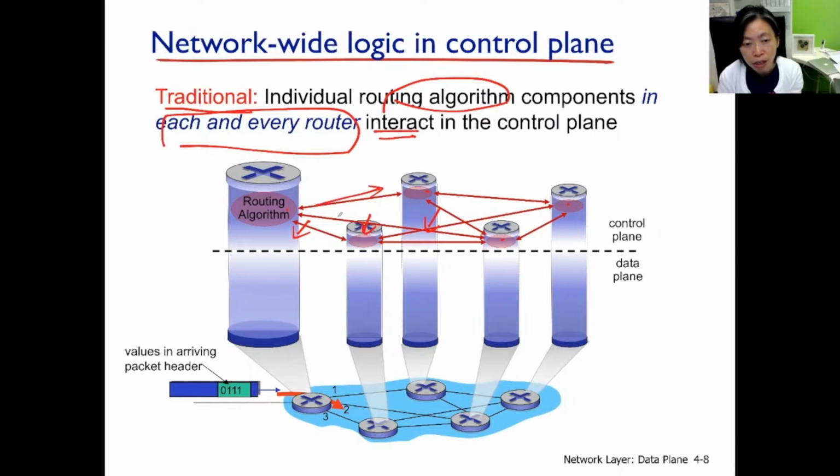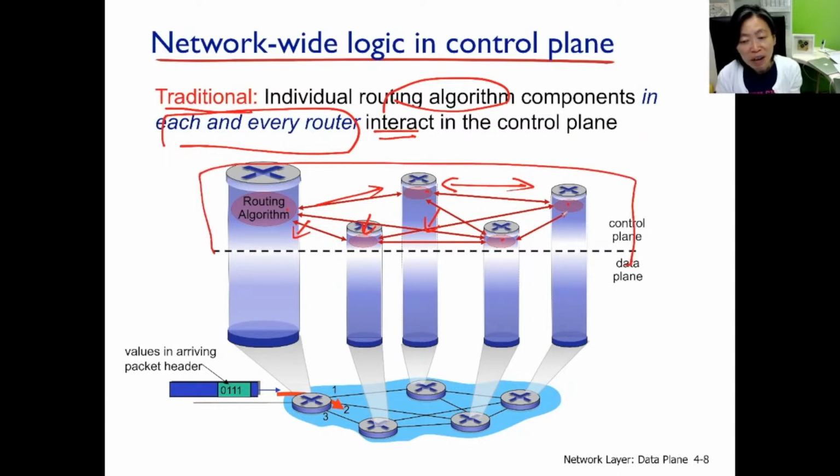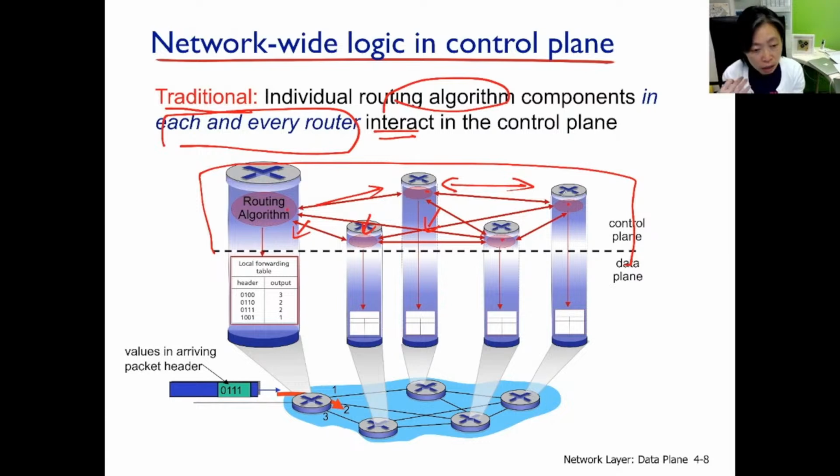So there are these exchanges of messages between these routing algorithms distributed on the routers. And this is the control plane. As a result of the computation and exchange, they find out what should be the forwarding table for different packets going to different destinations, and install the local forwarding table into the data plane.